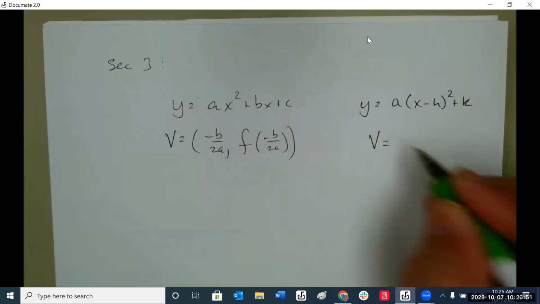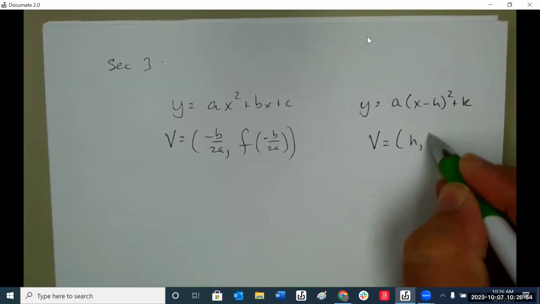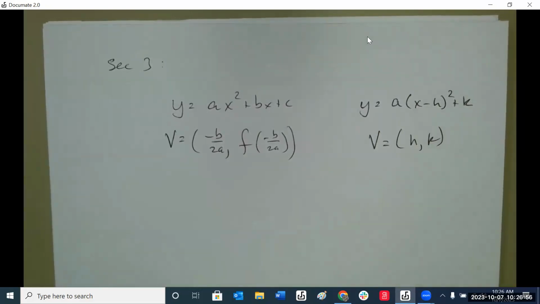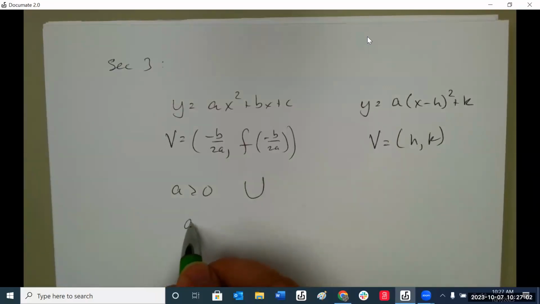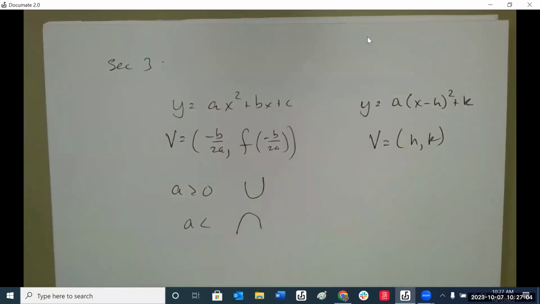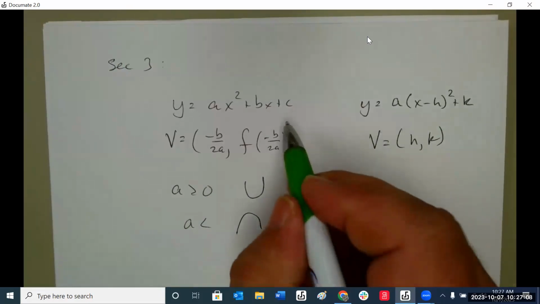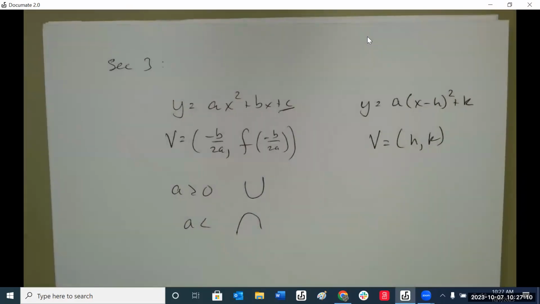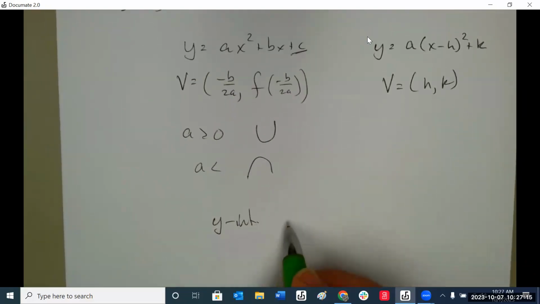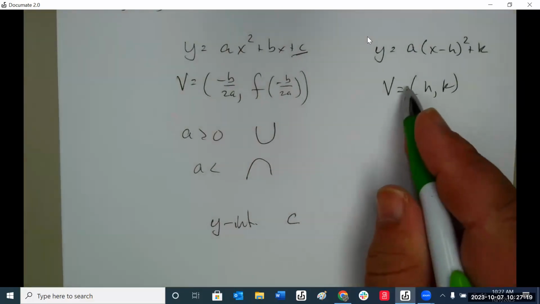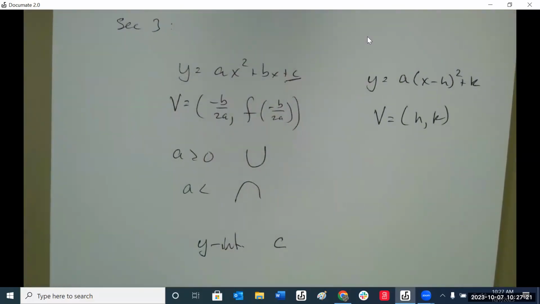We know this one because the vertex is (h, k). If a is positive, it opens up. If a is negative, it opens down for both of these. The y-intercept is c in this first one, but in the second one, you have to work it out.